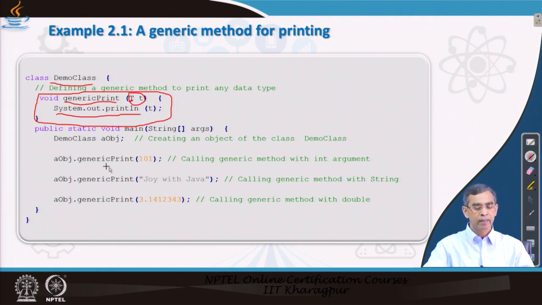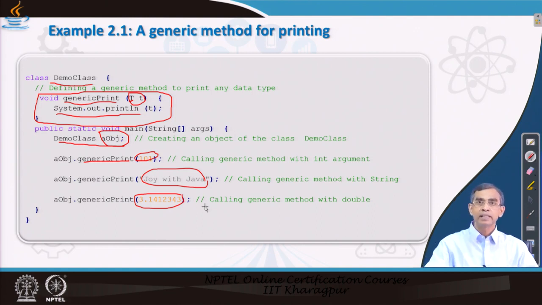Now, let us see. I create an object of this class, that is the instantiation, and call this generic print method, the generic method in this case, for this object. The first call is with an integer value, the second call passes a string, and the third call passes a floating point value.